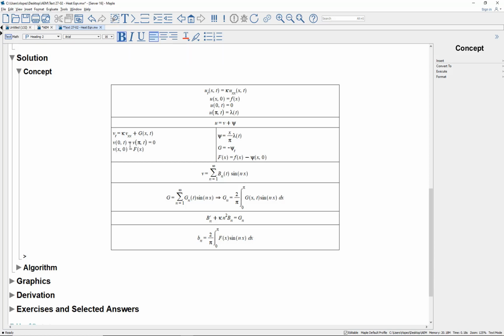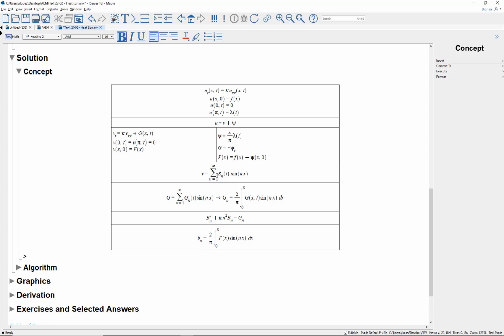Now, V will satisfy this equation, and you can write its solution as a Fourier series with time-dependent coefficients.